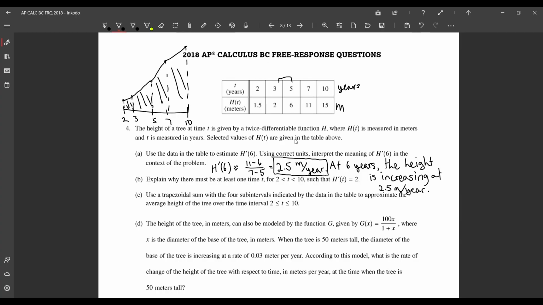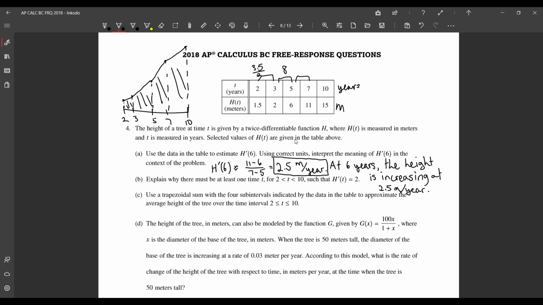I have the data with me. So here we have to take the average of the heights, so 3.5 over 2, times the change in t, which is just 1, so we have 3.5 over 2. And then the average of 2 and 6 is 4, times the change in t is 2, so 8.